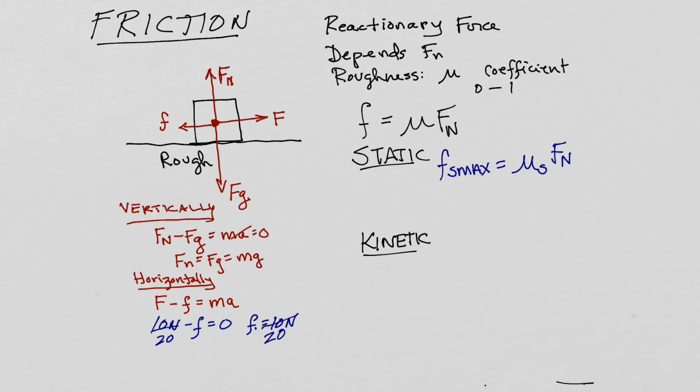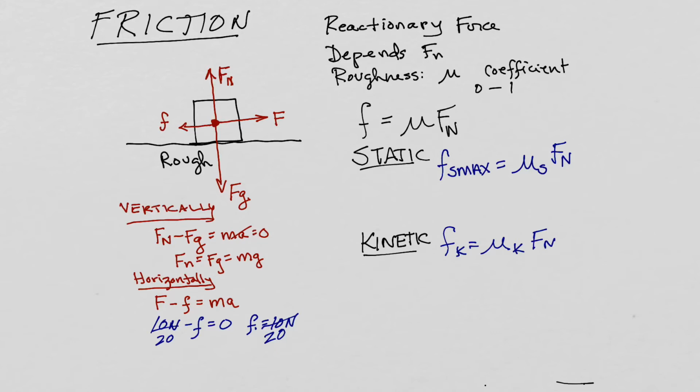If the applied forces are less than Fs max, then the object will not move. If the applied forces are more than the Fs max, then the object will move, and we then use kinetic friction, which equals mu k times the normal force.